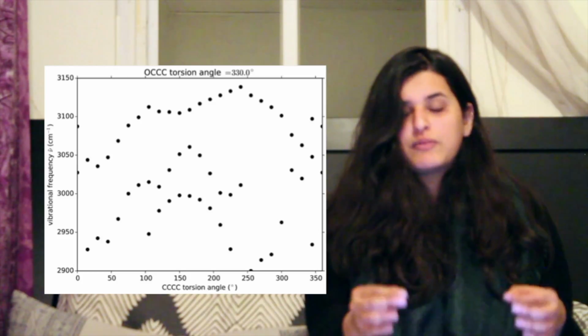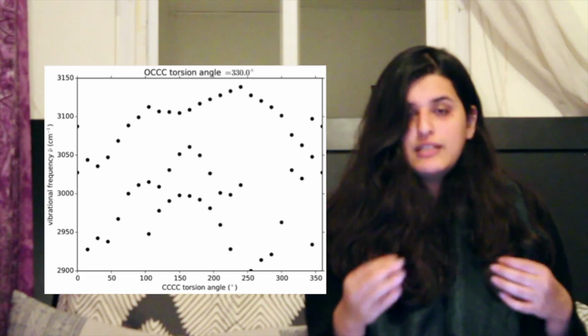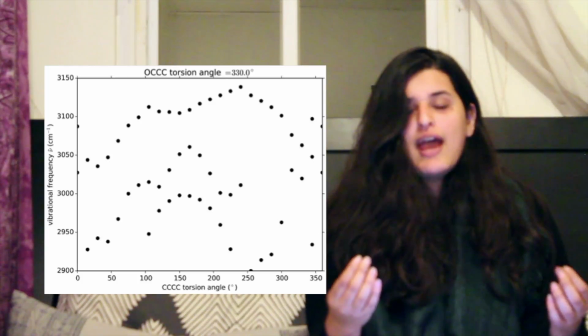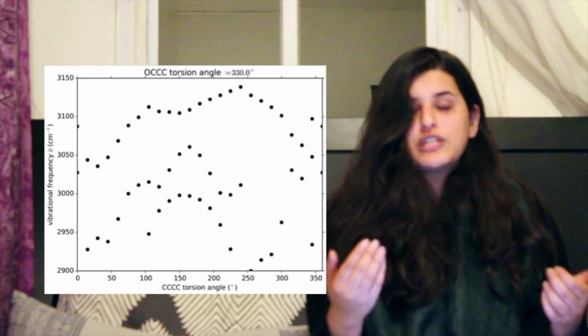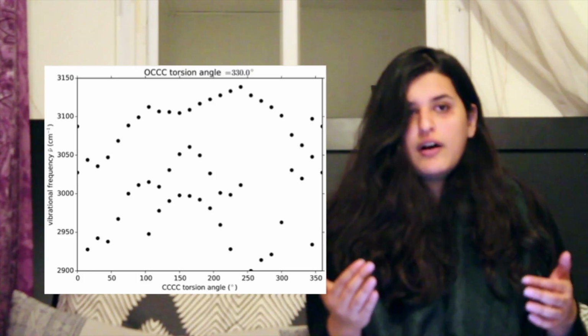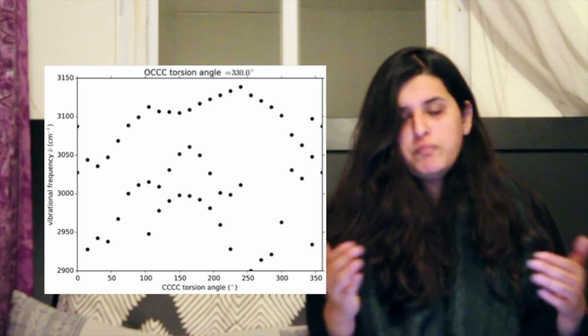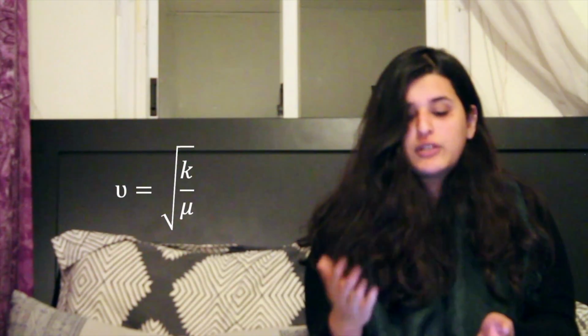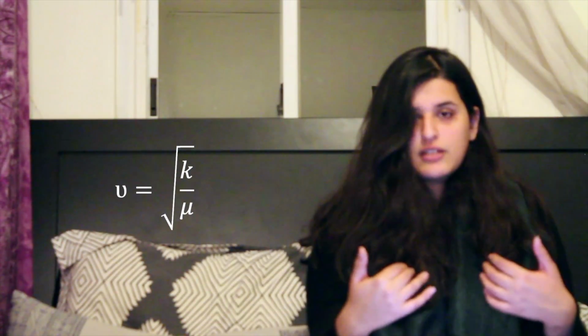What happened was that we increased mu, which in turn decreased the vibrational frequencies, and it really showed the same relationship but more separated out data. This is because in a harmonic oscillator, the frequency is equal to the square root of k over mu, and as we said before, mu was increased, decreasing the frequency.